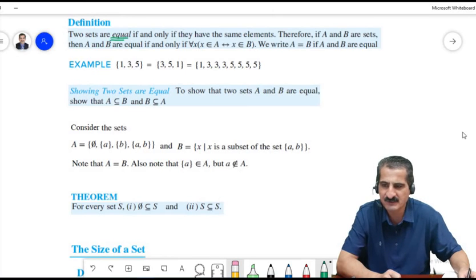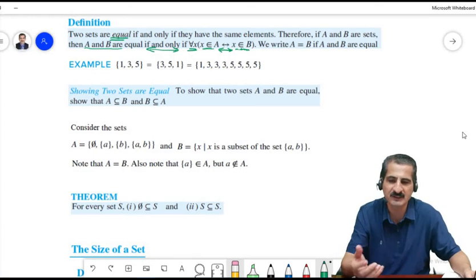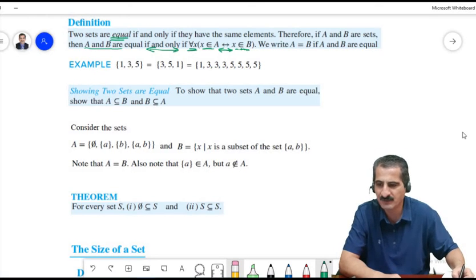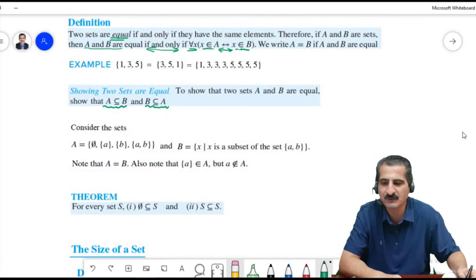That means A and B are equal if and only if this quantifier is true for every x: if x is in A, then x is in B, and the opposite, if x is in B, then x is in A. That means A is a subset of B and B is a subset of A. So to prove two sets are equal, we will go this way, and we will need that later.